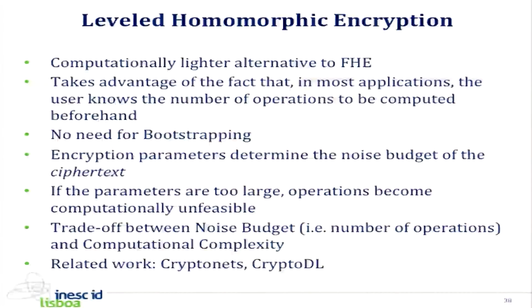If the encryption parameters are too large, then the operations become computationally infeasible. If they are too small, then the noise gets too large, and we cannot decrypt back. So there has to be a trade-off between the noise budget and the computational complexity. So we just followed what has been already done for other contexts, for instance, image recognition, in CryptoNets and CryptoDL.